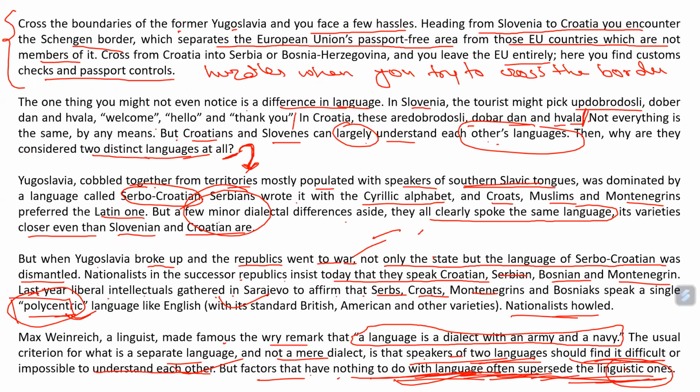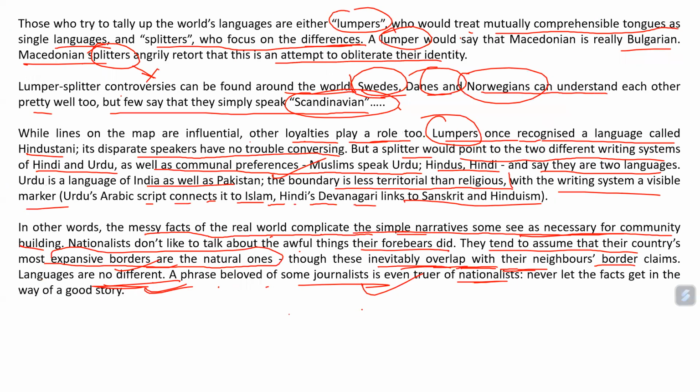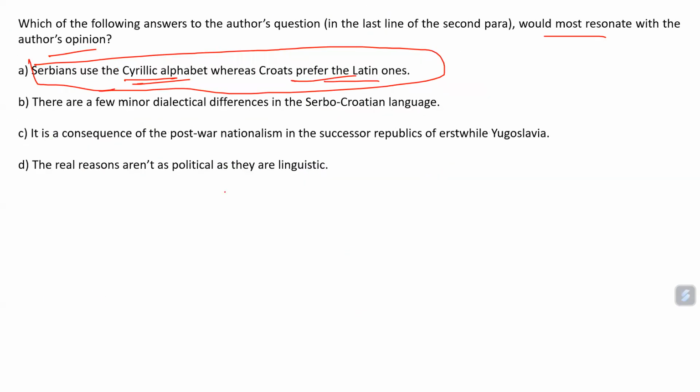So if I am talking about the dismantling of language, what is given here? It's a consequence. There are few minor, this we have discussed, it won't be the answer. It is a consequence of the post-war nationalism in the successor republics of erstwhile Yugoslavia. It is clearly given that post-war, these are the scenarios that had happened. That's why I'll keep this as an option.